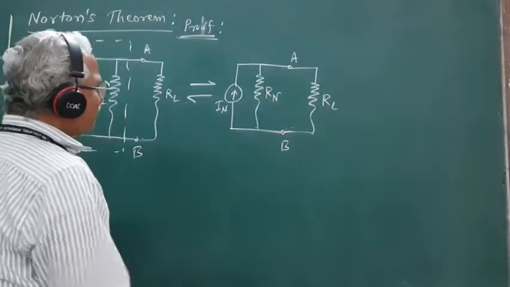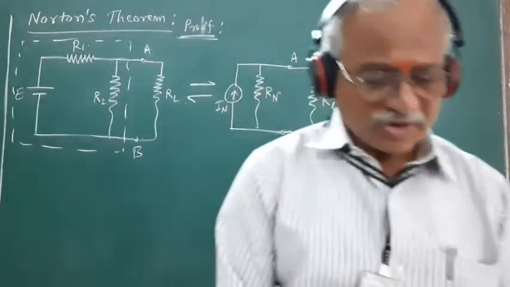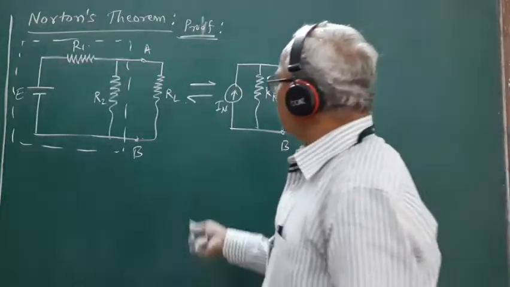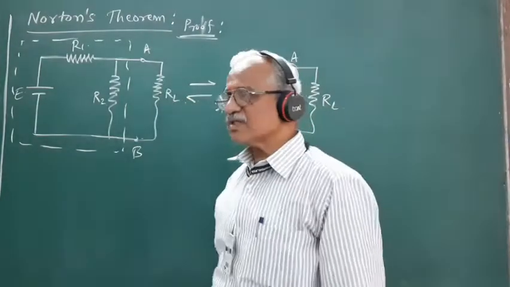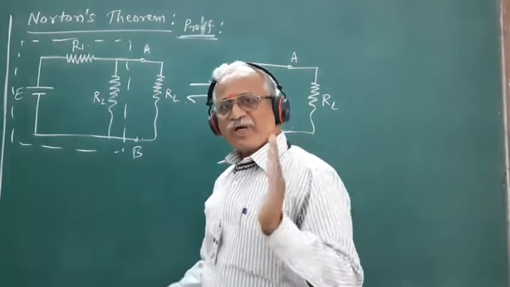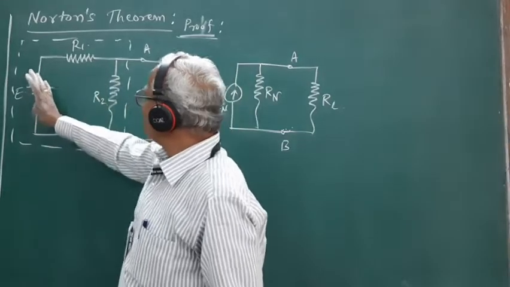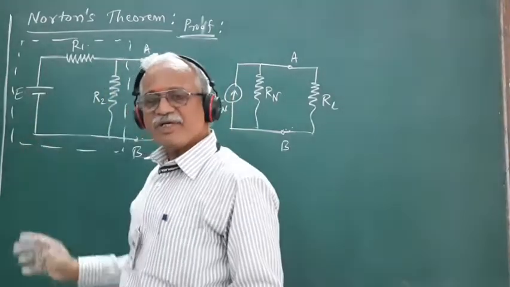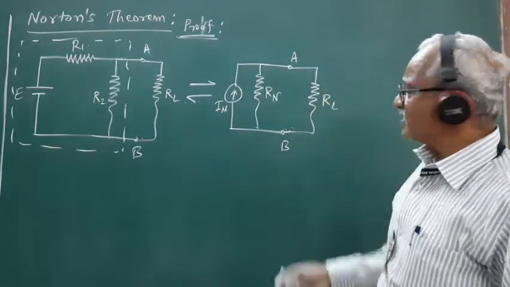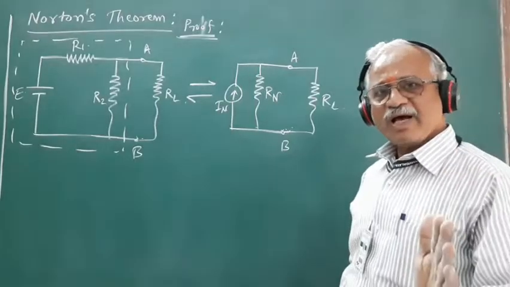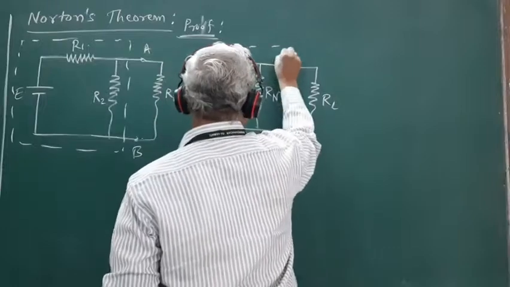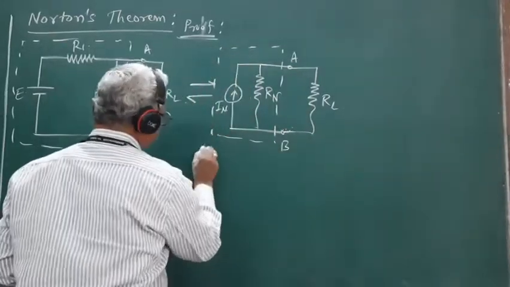In case the current flowing through this load resistance, or the potential drop across this load resistance, is the same whether the given complicated network is connected to the left of the terminals A and B, or the given complicated network is replaced by this Norton equivalent circuit.